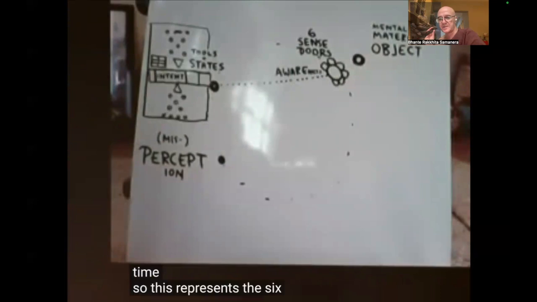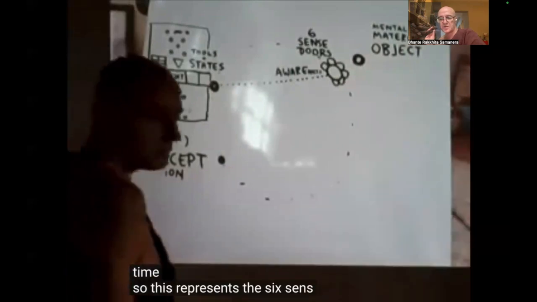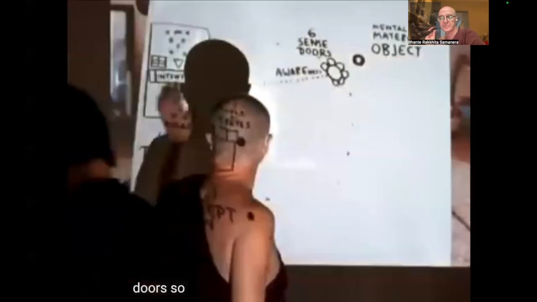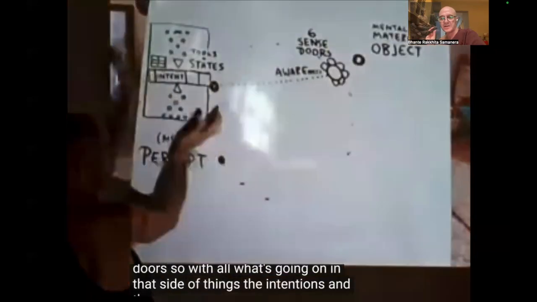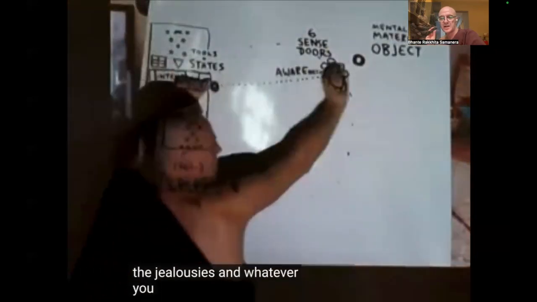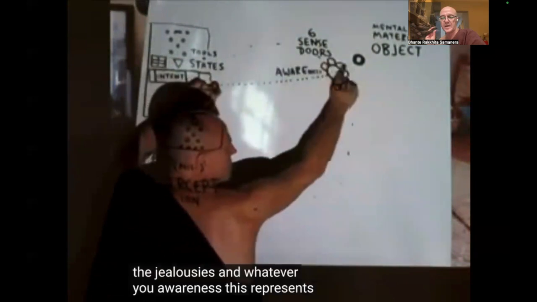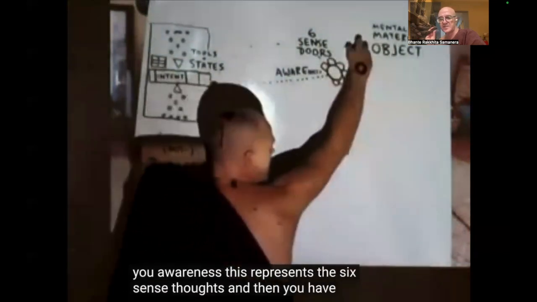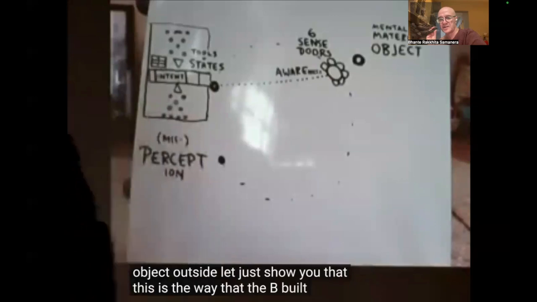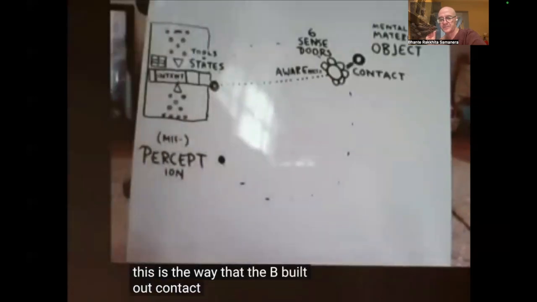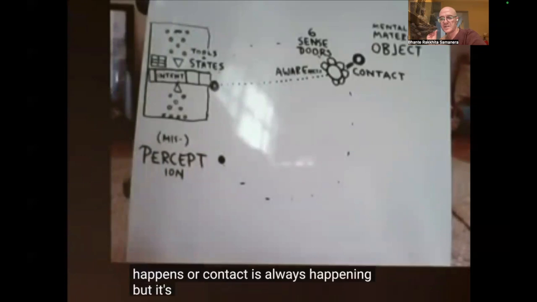So this represents the six sense doors. With all that's going on on that side, the intentions and the jealousies and whatever, awareness, this represents the six sense doors. Then you have your object outside. This is the way the Buddha built it up. Contact happens, or contact is always happening.